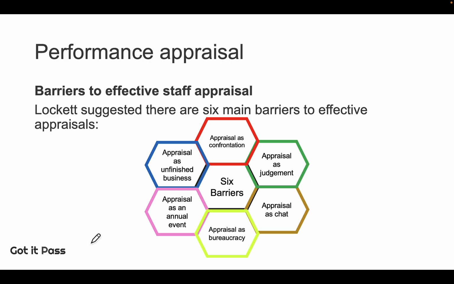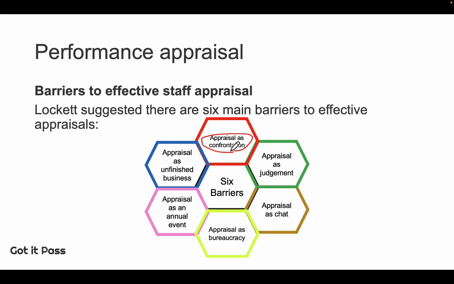All these we consider appraisal confrontation. It's arguing. It's not productive. It's destructive. Then the appraisal is not considered effective. It's a barrier to effective appraisal. So it's a skill for the manager to manage it.